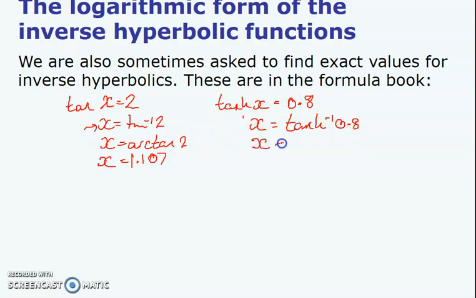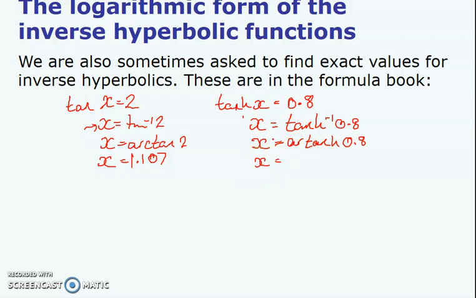And just be aware again, this was arctan, and for some strange reason, I've never quite sussed why, we tend to write artanh here. So artanh of 0.8, and you don't write the c. I've seen other people tell me it mustn't be arc, but I've seen people write it anyway. I don't think it really matters.